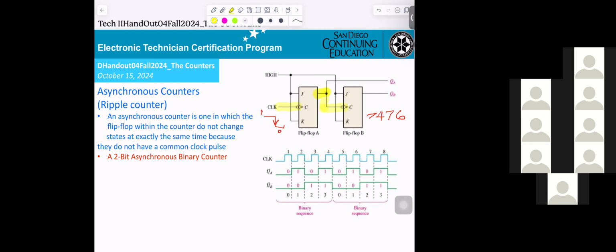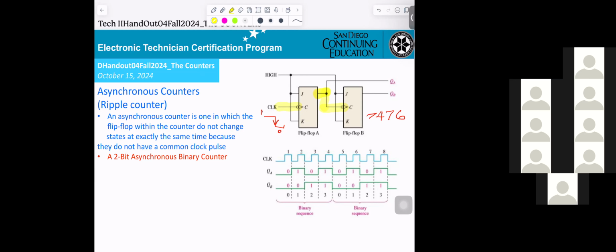So that's why they cannot change at the same time as the clock is applied. That's what they call a ripple. Now you have only two flip-flops. That means if you want to count up, they only count from 0 to 9.